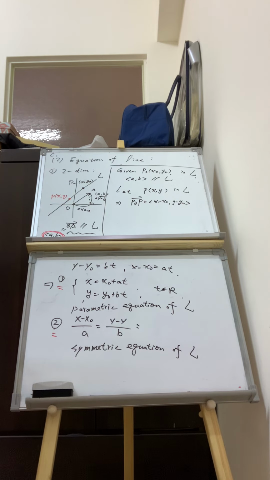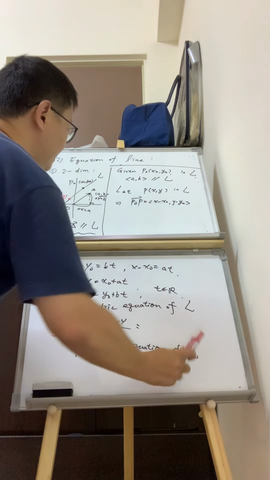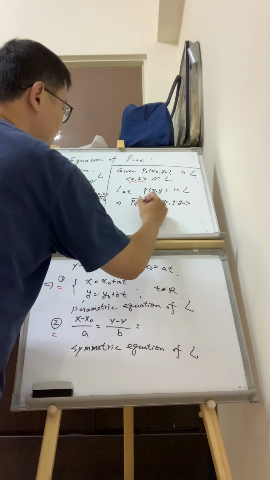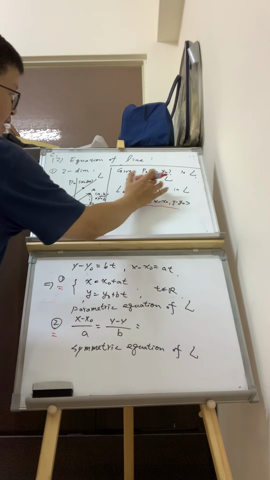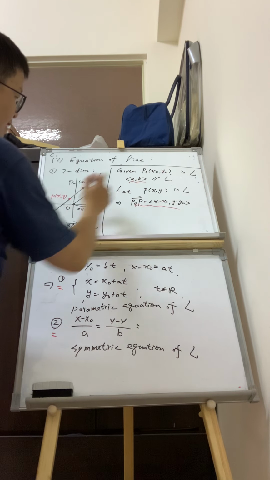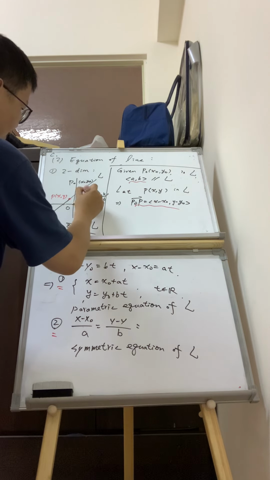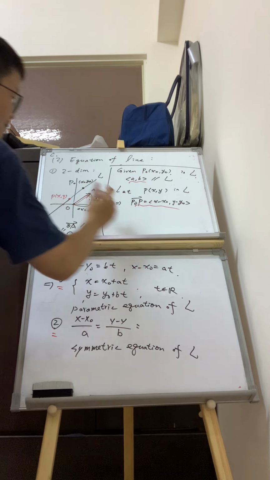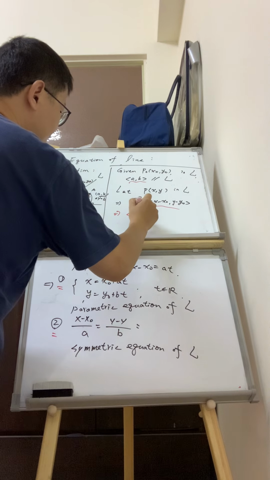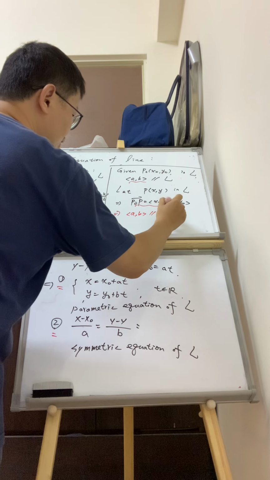Now you have two vectors, AB and P0P. But the vector AB is parallel to any vector in L, which means that AB is parallel to P0P.